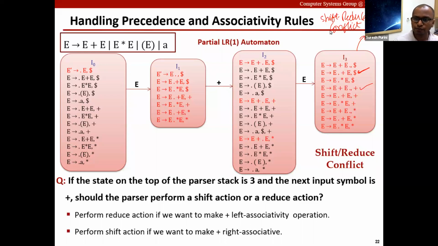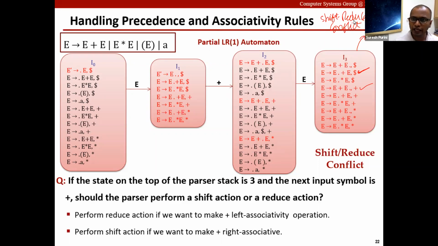For example, in this particular case, if you would like the addition operation to be left associative, then you tell the parser to perform a reduce action. But on the contrary, if you would like your addition operator to be right associative, then you tell the parser to shift and move forward.